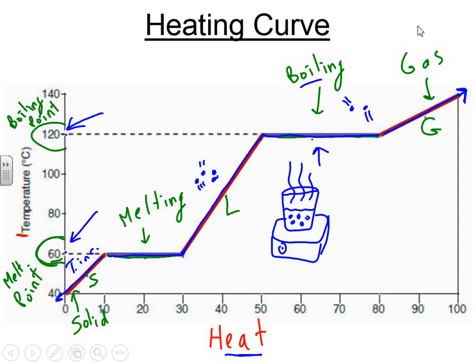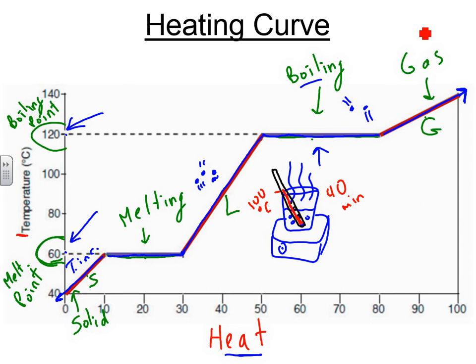We stick a thermometer in to check the temperature at which the substance boils. As we're heating it up, the temperature goes up, up, up. Eventually, the temperature reaches 100 degrees Celsius for water. As the water boils, it'll probably take a good 30 minutes or even 40 minutes for the water to boil out. The question is, will the temperature change?